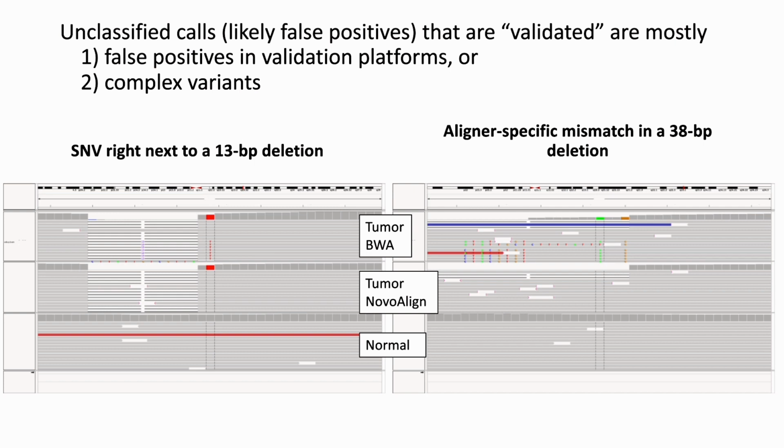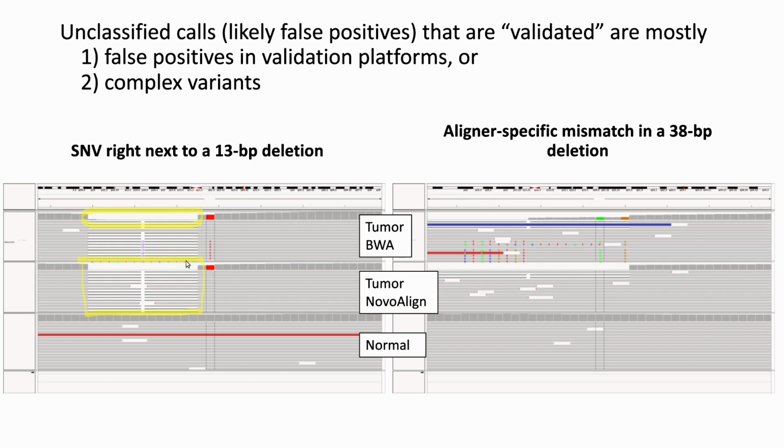The variant call on the left may indeed be a somatic change. The tumor alignment indicates a substitution change 1 base pair away from a 13 base pair deletion. This may be a complex variant, though maybe not really a SNV. There are a couple of examples like this.